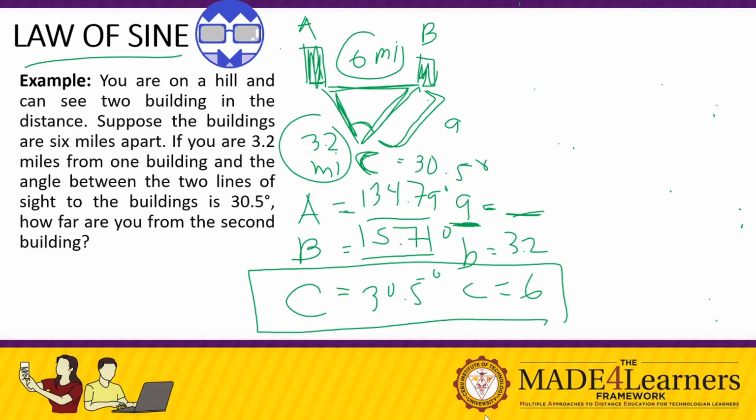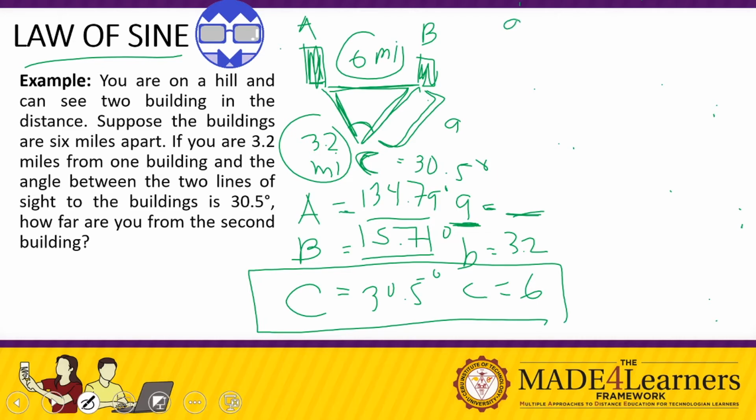So we now have the necessary elements to find the missing side. Again, we're trying to solve for a. To solve for a, we will use law of sines again, since we have the pairing.